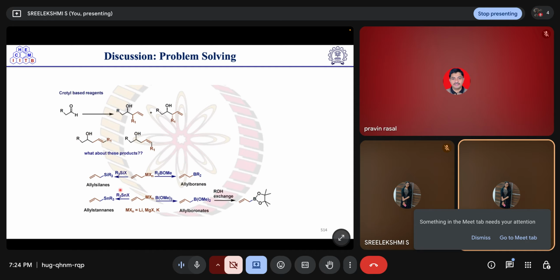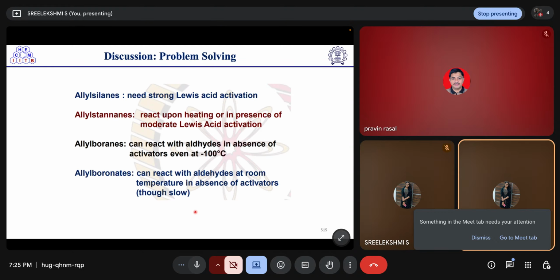These compounds can be used for different types of reactions in organic synthesis. Different reagents will require different reaction media or different reaction conditions to react and to form products.